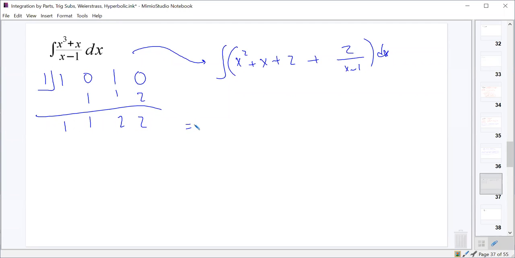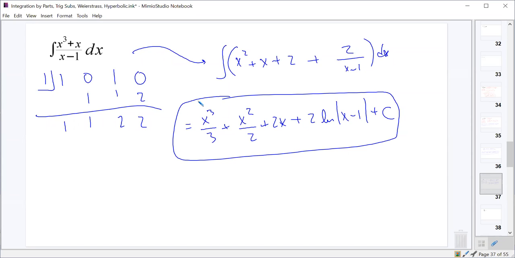And so our integral should be x cubed over 3 plus x squared over 2 plus 2x plus 2 natural log absolute value x minus 1 plus a constant. Everybody good there? No. 2x.